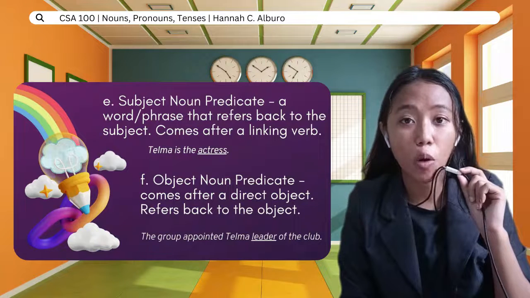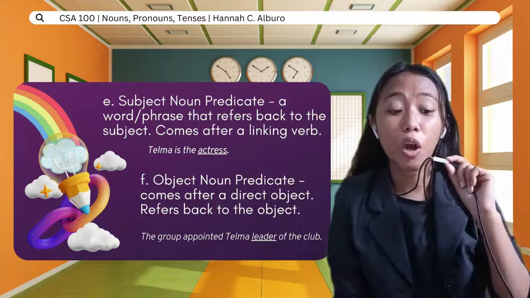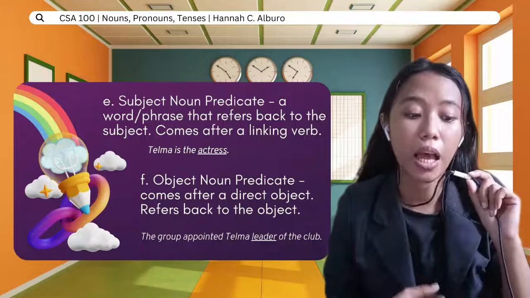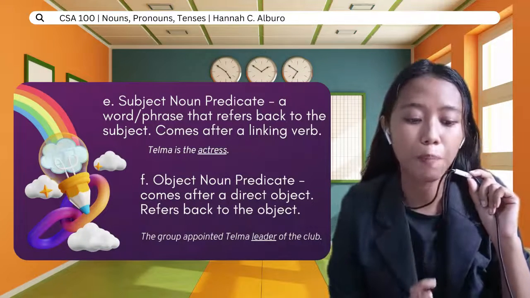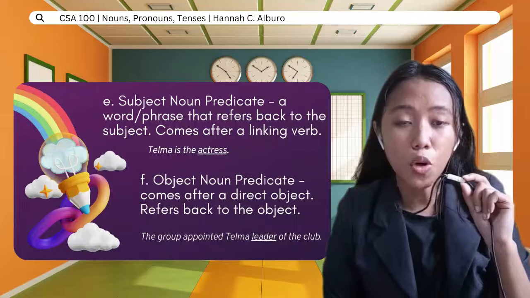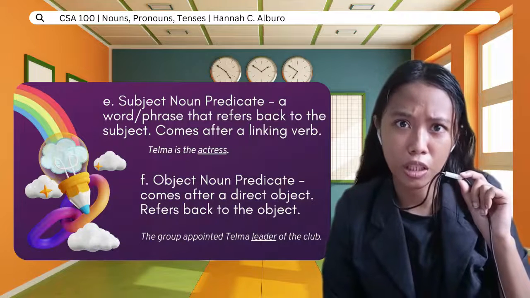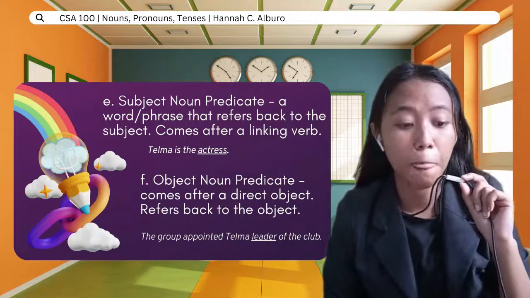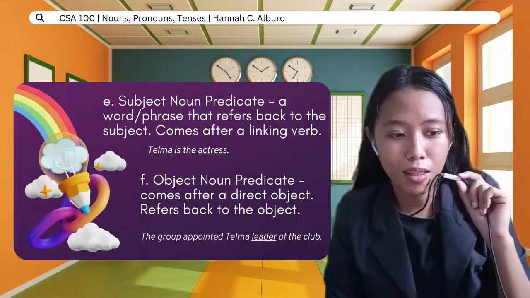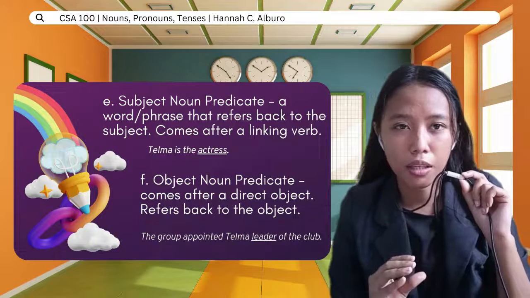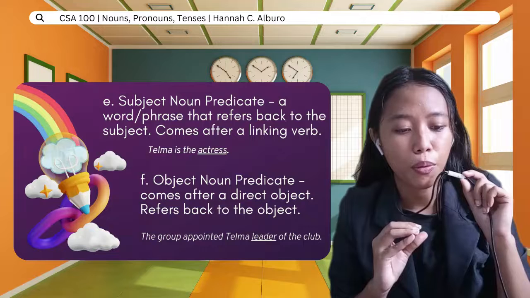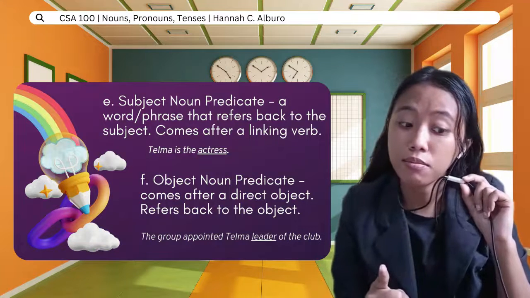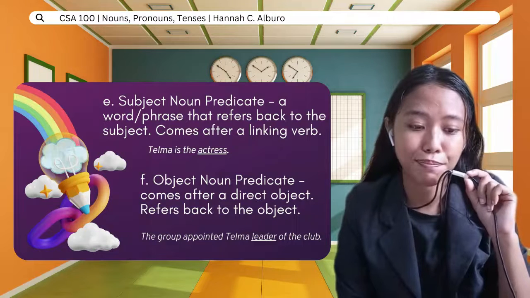Next we have the object noun predicate. The object noun predicate comes after a direct object and then refers back to the object. Take the sentence, the group appointed Telma leader of the club. So where is the object noun predicate here? Let's look at this very carefully. An object noun predicate comes after a direct object, then refers back to the object.